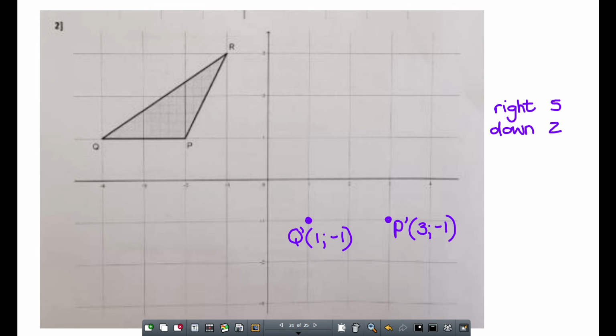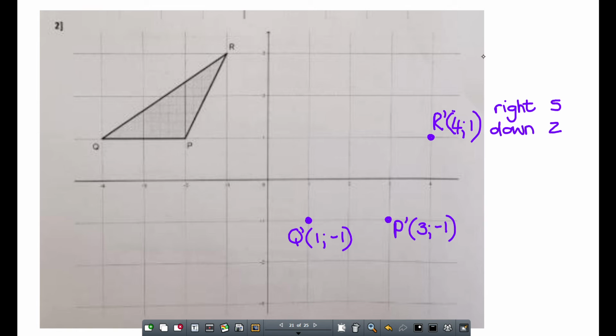Okay? Then R. 1, 2, 3, 4, 5, and then 2 down. So it's going to be over there. New R, and that's where X is 4 and Y is 1.